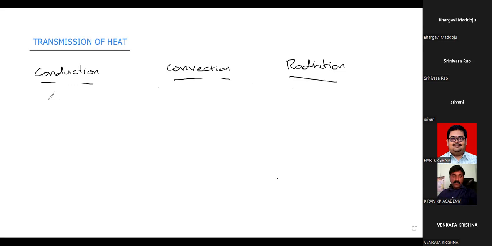Okay. Today's topic is conduction. In the conduction process, energy transfers from one point to another point, from high temperature to low temperature, without motion of the particles, of matter.